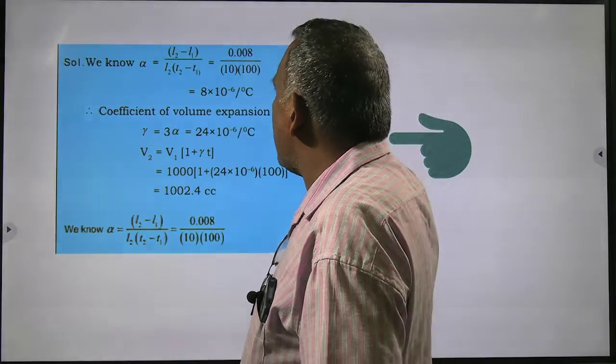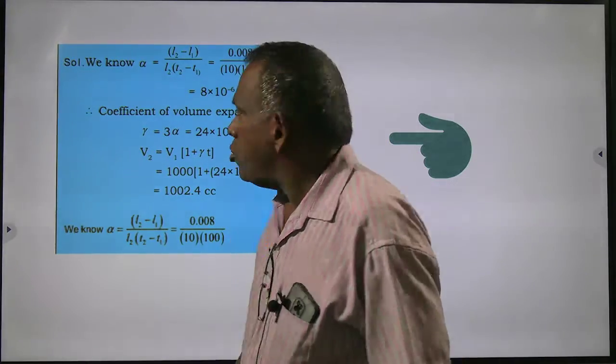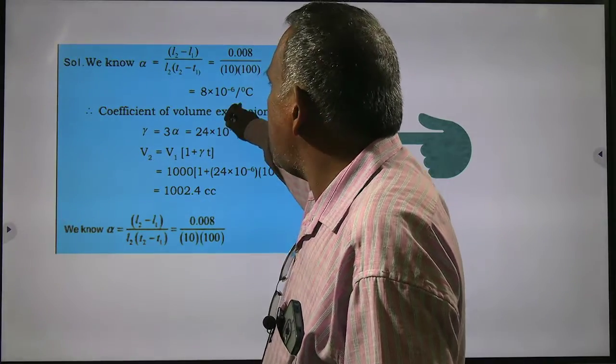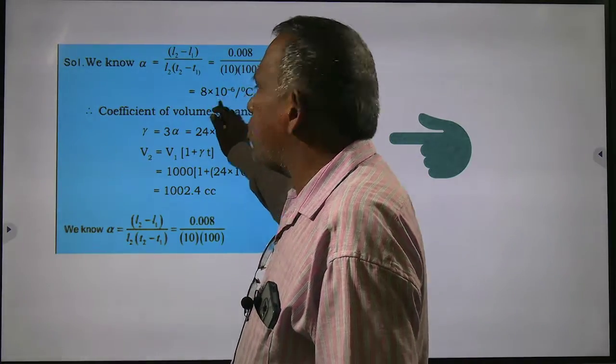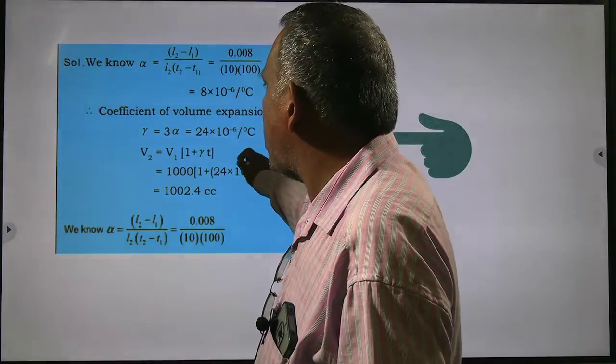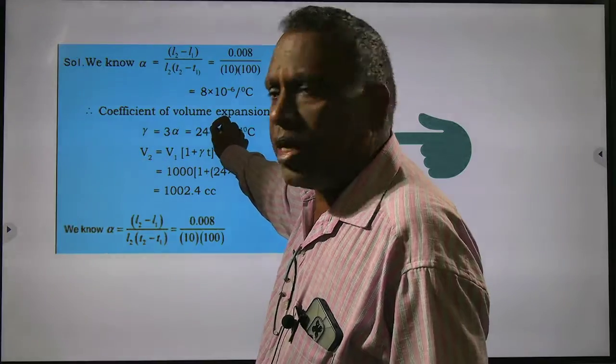If you know alpha equals L2 minus L1 by L1 into T2 minus T1, then once you get alpha, you get the cubical expansion gamma equals 3 alpha, that is 24 into 10 power minus 6.